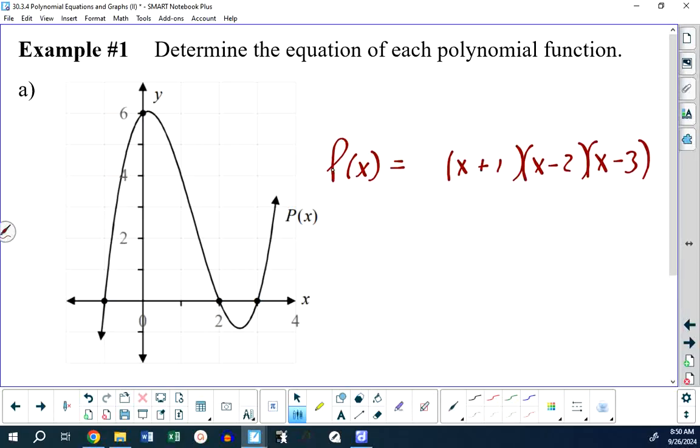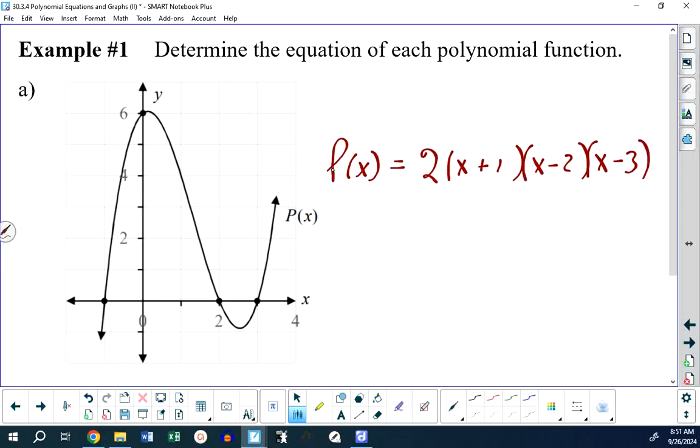But forget about the graph for a second. If all I told you was we have 3 clean x-intercepts of -1, 2, and 3, there's no guarantee that this is the equation of the function. There isn't. Because this polynomial function, and don't write this little bit down, this polynomial function would also have those x-intercepts, wouldn't it?